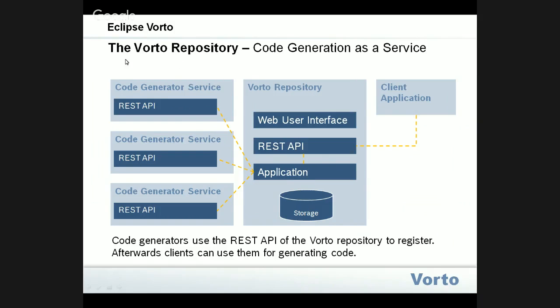So in this way, it is possible for us on the Eclipse side to host a few code generators there that register at the Vorto repository and provide their functionalities. But of course, it's also possible for companies to say, okay, I've implemented a code generator, I host it in my own environment, but I register this code generator on the public repository of Vorto, and then people can use it.